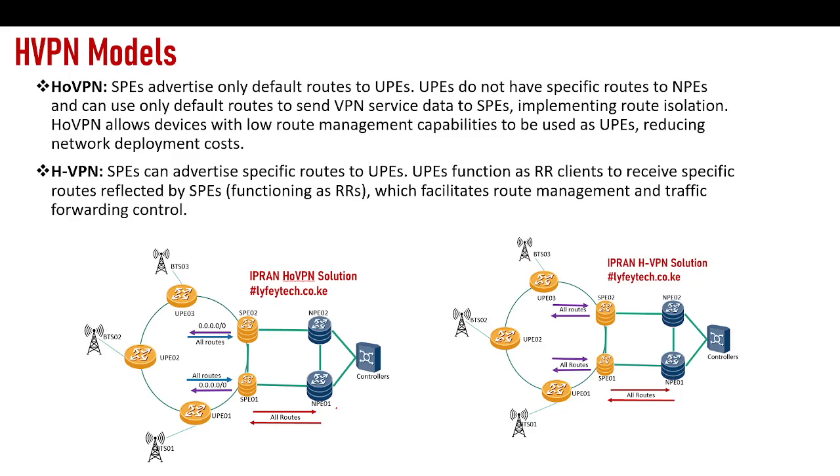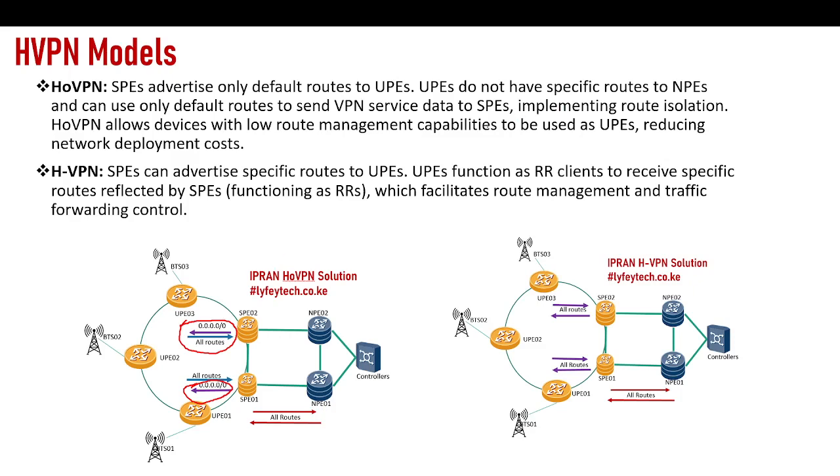So with the HVPN, the hierarchy of VPN solution, the SPE advertises only the default route towards the UPEs. So the UPE does not have a specific route to the NPE. Anytime it has to access the remote VPN, it will use the default route that is advertised from the SPE.